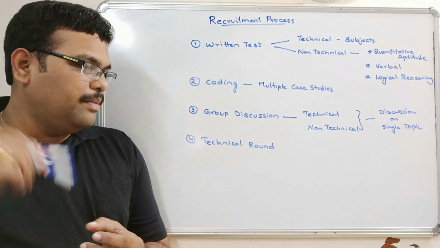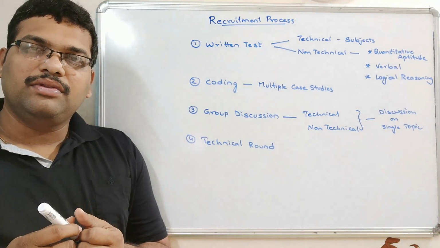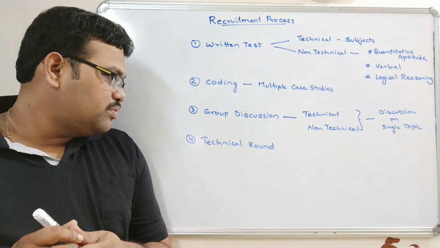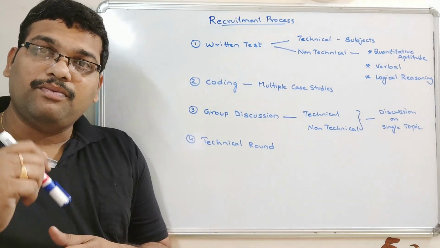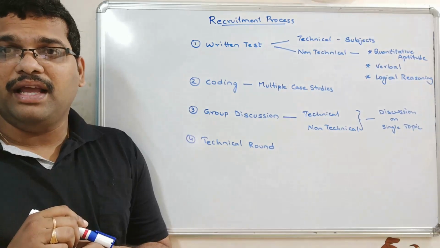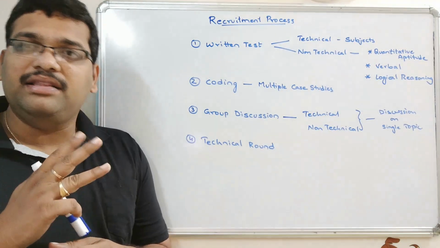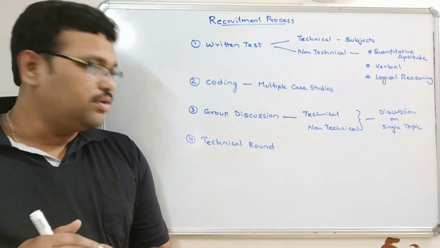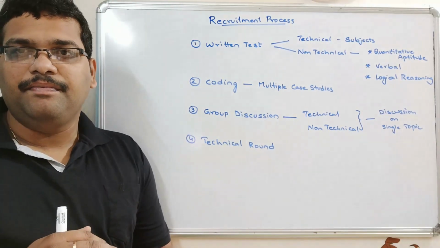So for example, coming to computer science students, they have to prepare at least one programming language and 2 or 3 theory core subjects, and also the database subject.